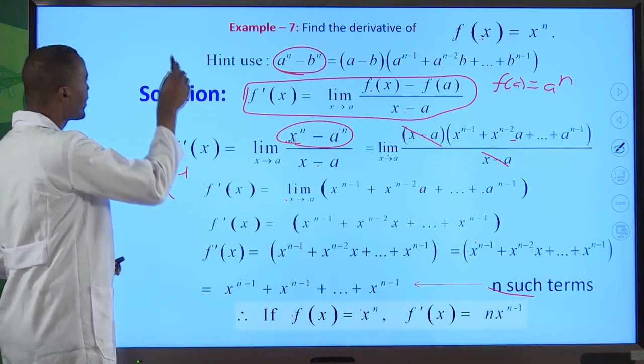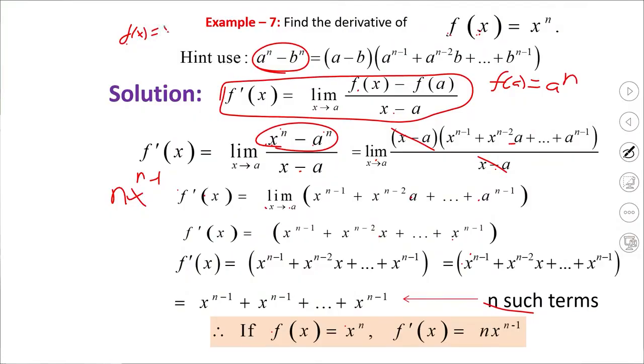For example, if you are given a function such as f of x is equal to x cubed, its derivative f derivative of x is simply 3 times x squared. That is, if there is n here, this n will become the coefficient, and then you will reduce 1 from the power, n minus 1.